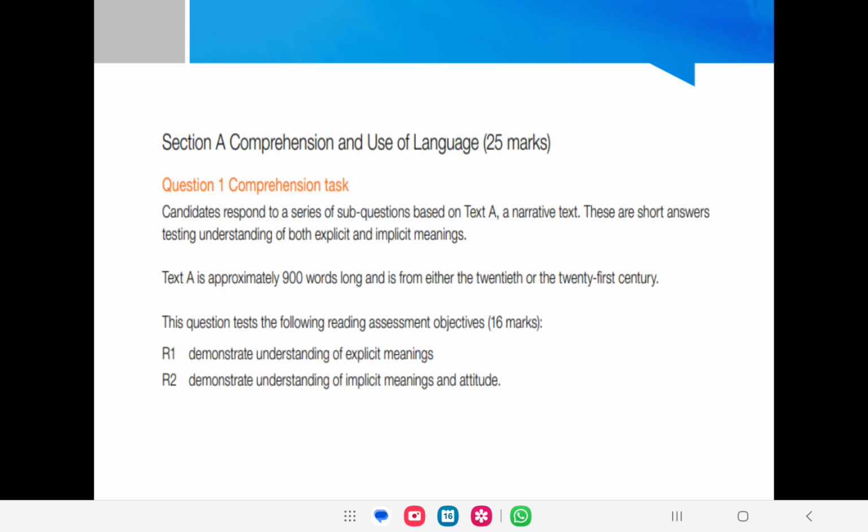Now, section A. Section A is comprehension and use of language, and this has 25 marks. That is actually not question number 1, that is topic number 1 or section A of Paper 1, comprehension and use of language task.